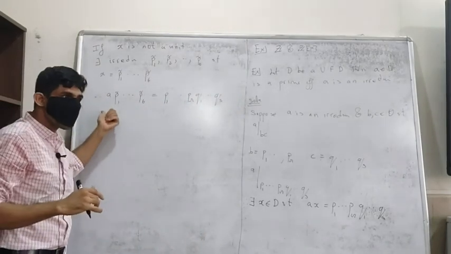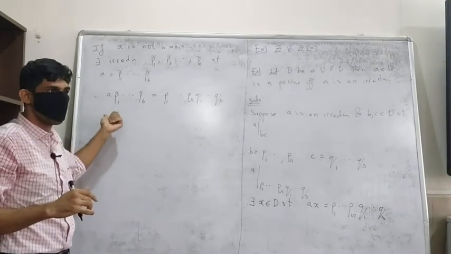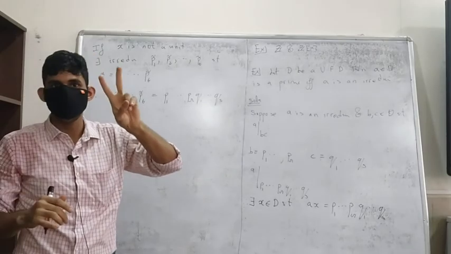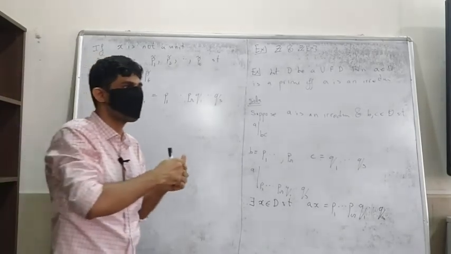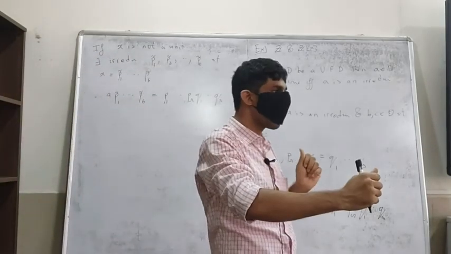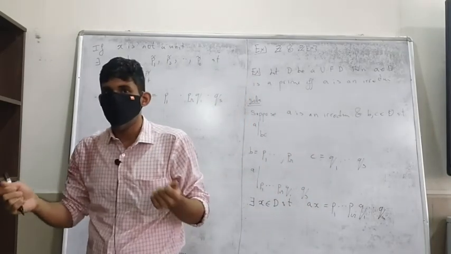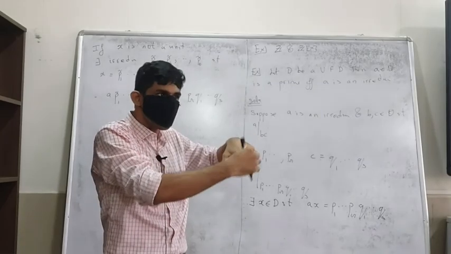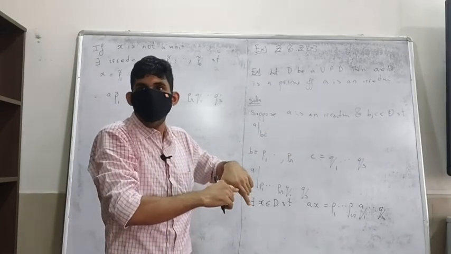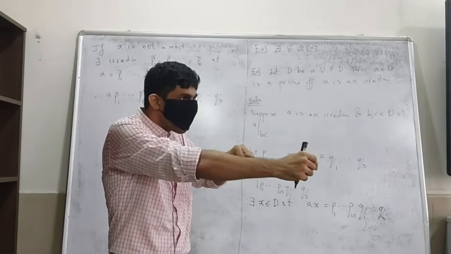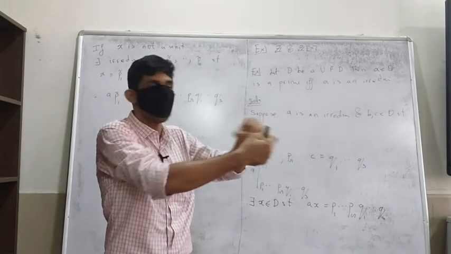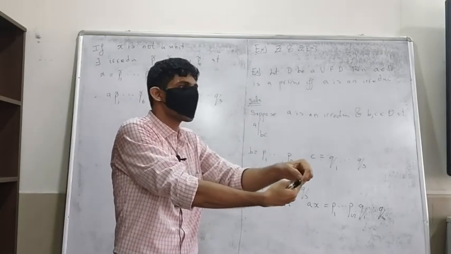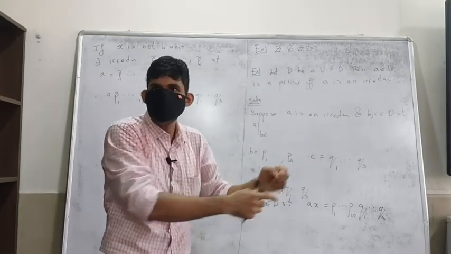But by the uniqueness of the factorization in UFDs, the second property tells us what? If P1, P2, Pr and Q1, Q2 up to Qs are all prime such that P1 into P2 up to Pr is equal to Q1, Q2 up to Qs, then R and S are equal, and there is some rearrangement such that Pi's are associates of Qi's.